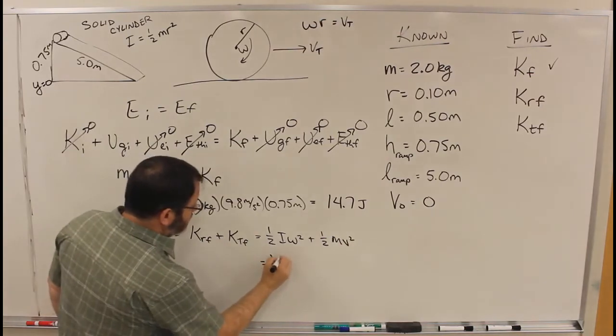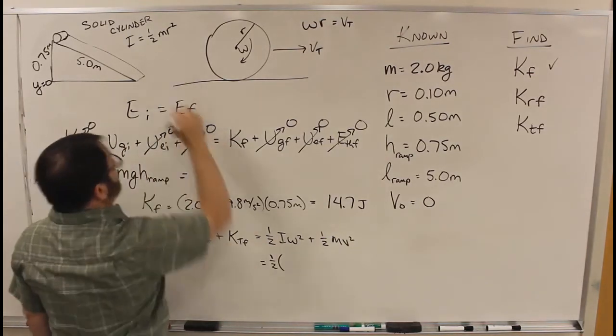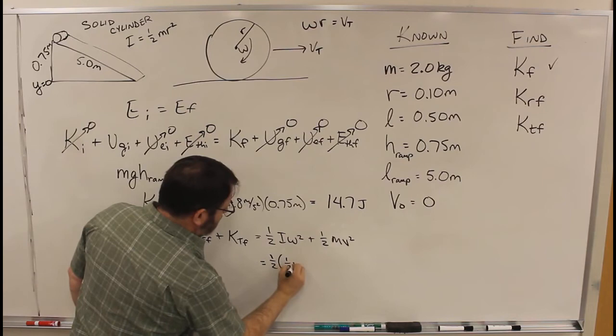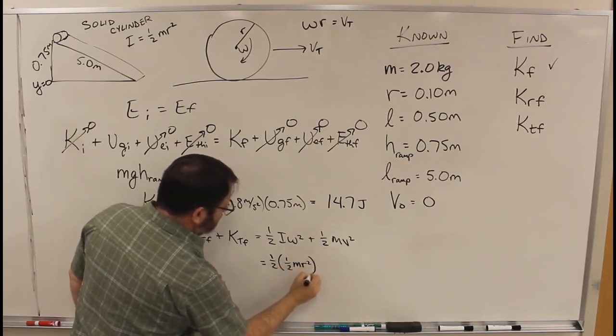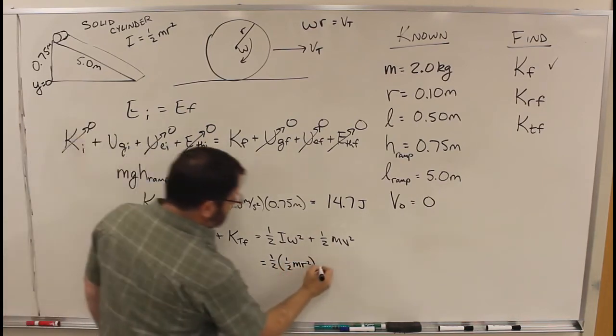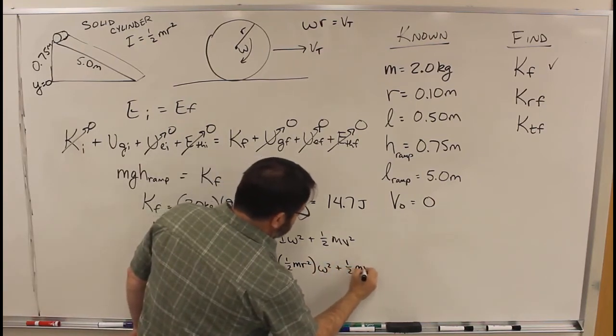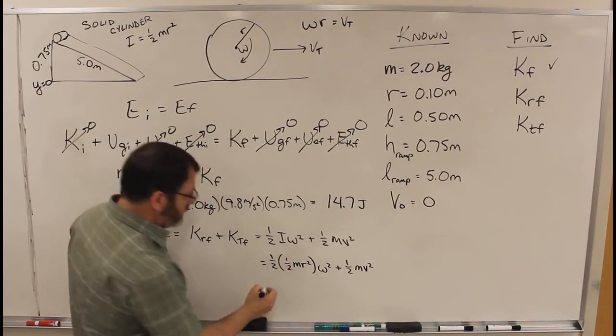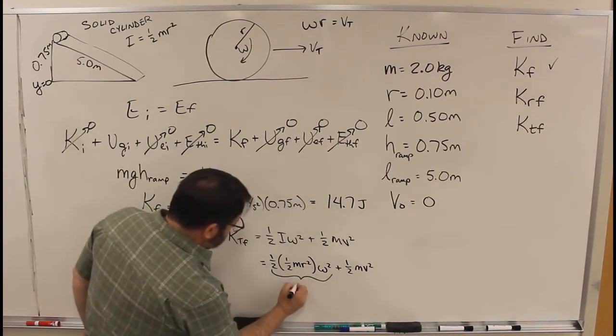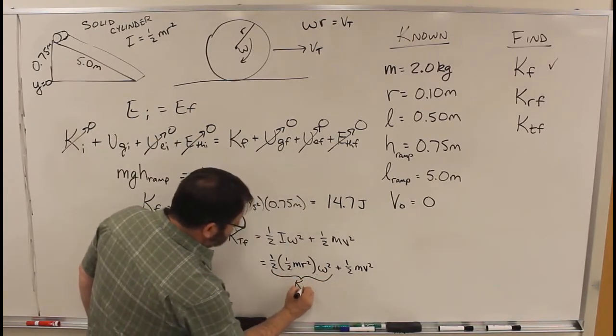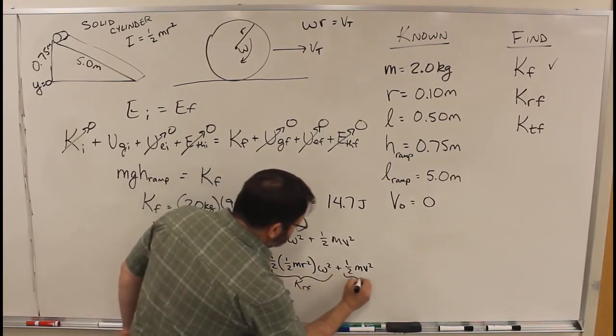So this is 1/2 times I, which is 1/2 mr squared, omega squared plus 1/2 mv squared. So we want to remember that is K rotational final.